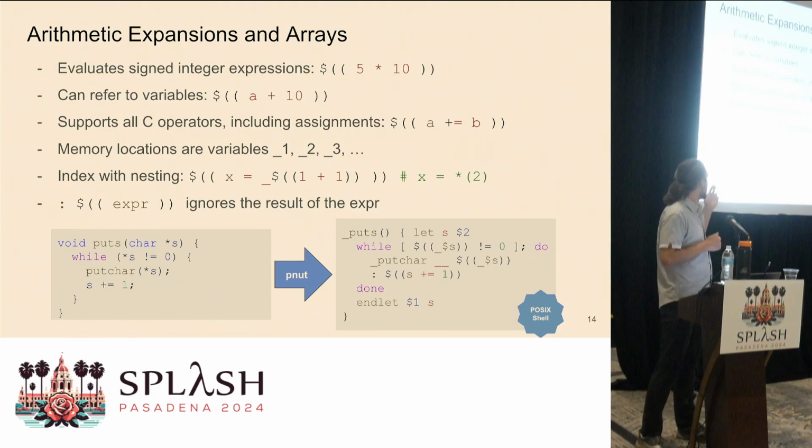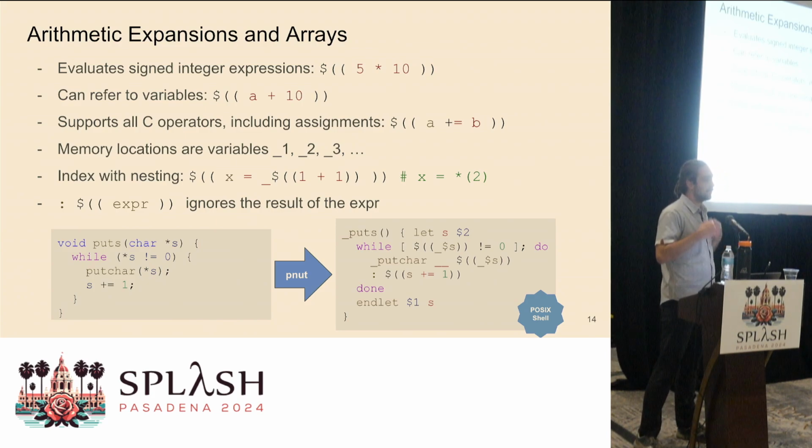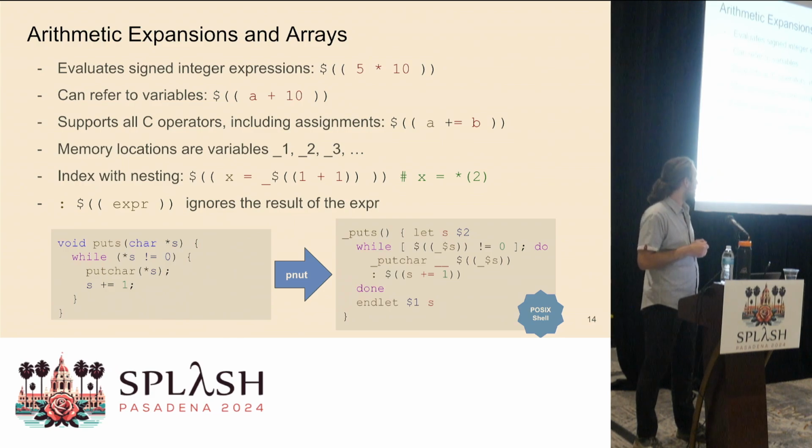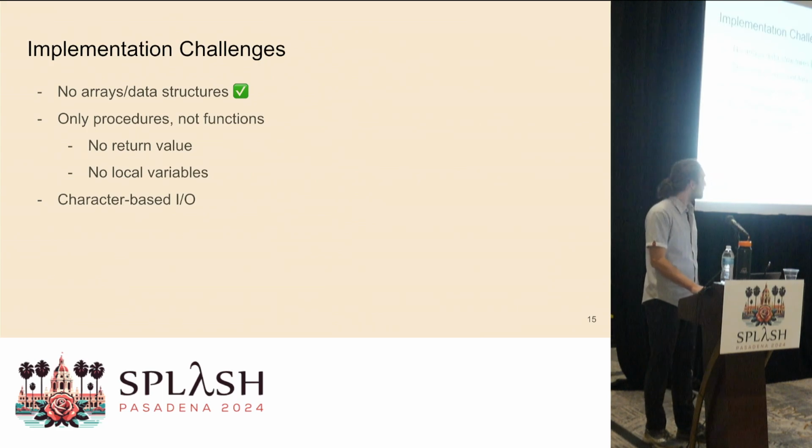If it's not the null byte, it will emit it to standard out. In shell, we have 2 arithmetic expansions to dereference s, and we compare the result to 0. If it's not 0, then we keep going and call the putchar function, again passing it the value of the byte. So that takes care of the first implementation challenge.